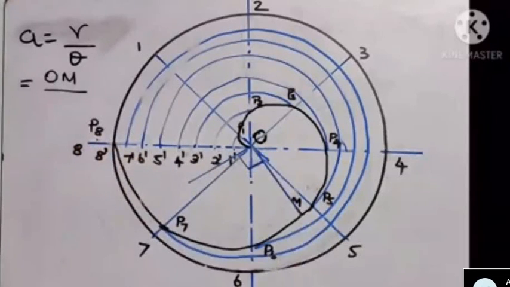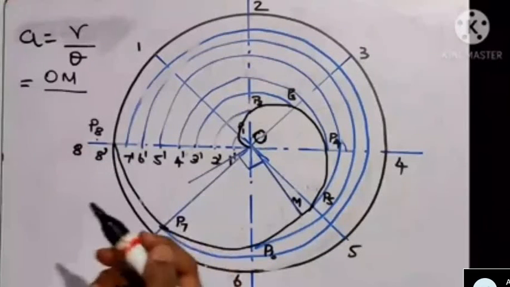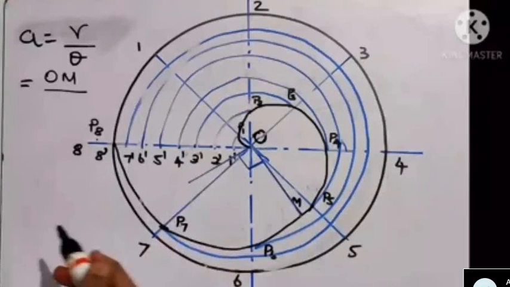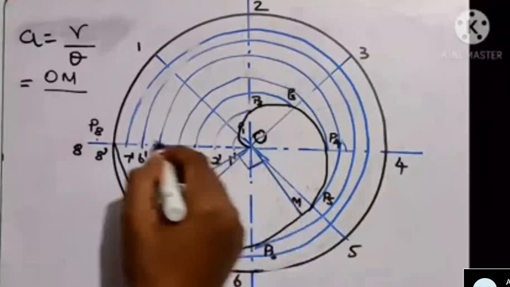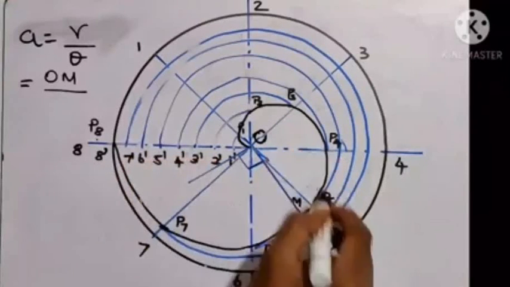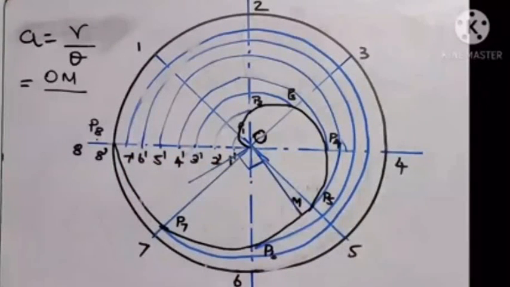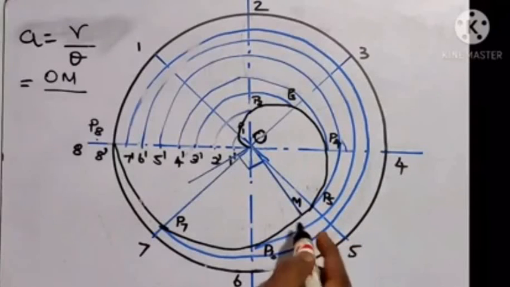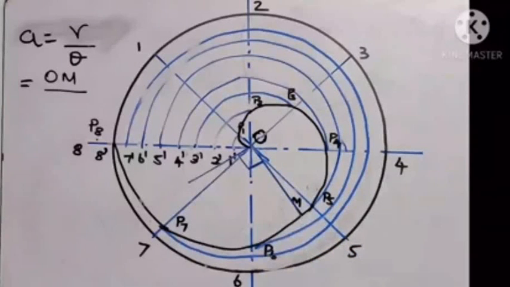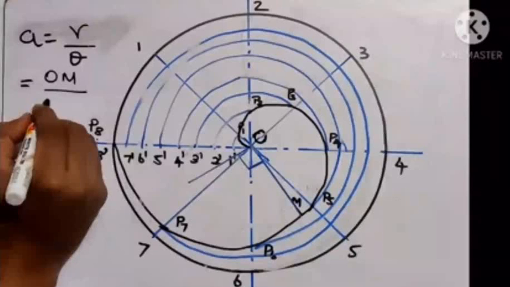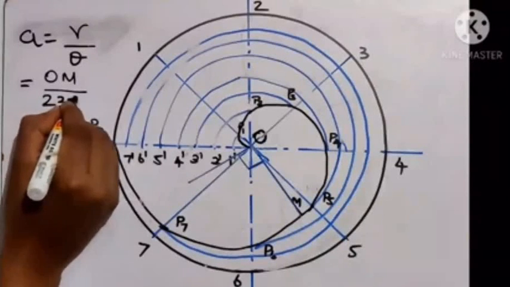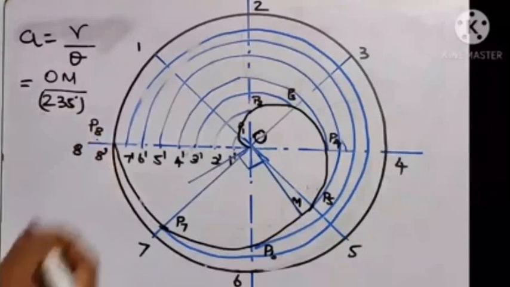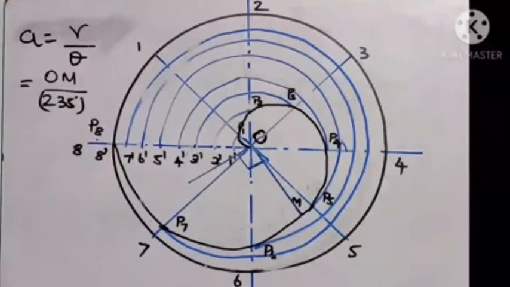Because I'm not able to measure, let's assume. The horizontal line is 180 degrees, and this is 270, and this is 225. So it's a little greater than 225. Let's take 235 degrees. You need to convert that 235 degrees into radians.